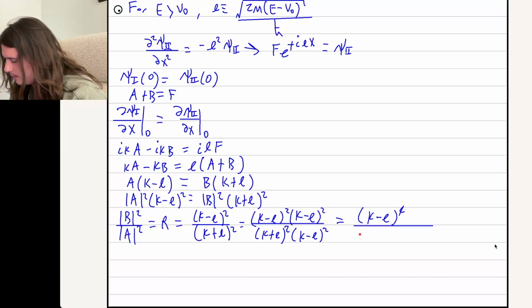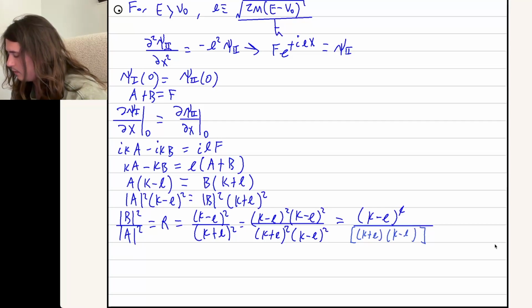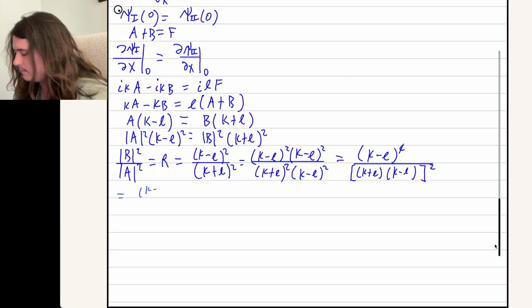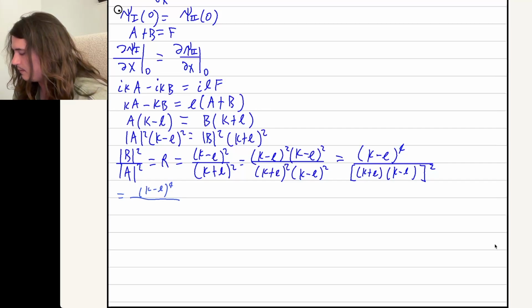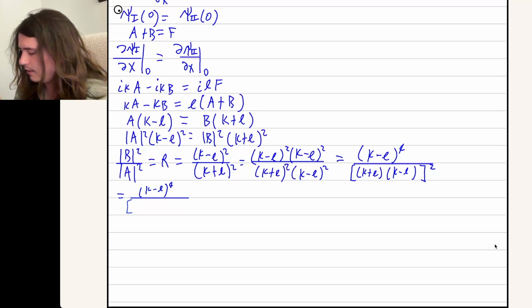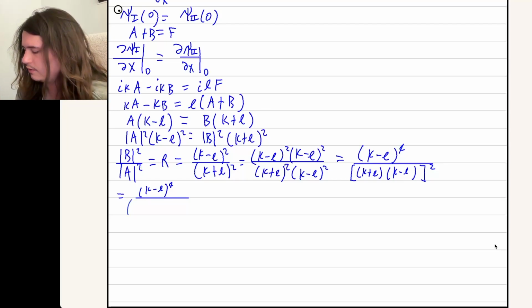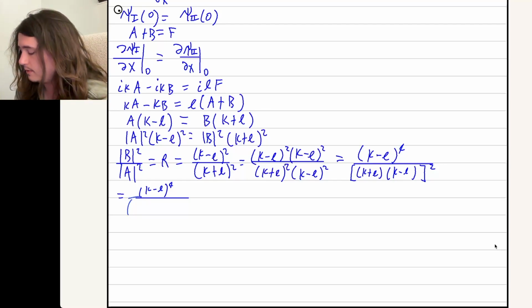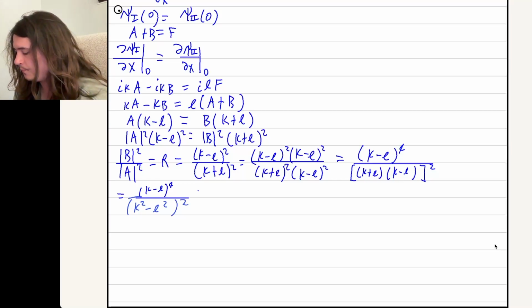And then on the bottom, we can move the parentheses terms into the same square. So we have (k plus l) times (k minus l), and all of it is squared. Now we can write it as (k squared minus l squared), all squared.